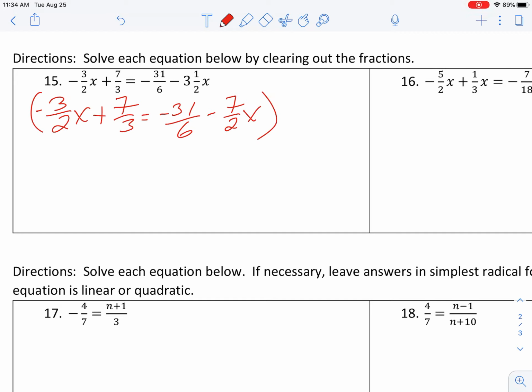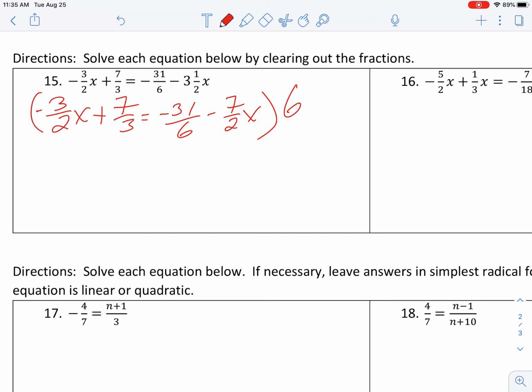I always have kids say 2, but can 2 divide into 3 nicely? No. What I'm looking for is 6. 2 can go into 6, 3 can go into 6, and 6 can go into 6. So I will multiply this entire equation, everything, by 6.